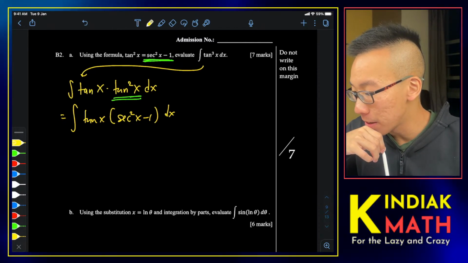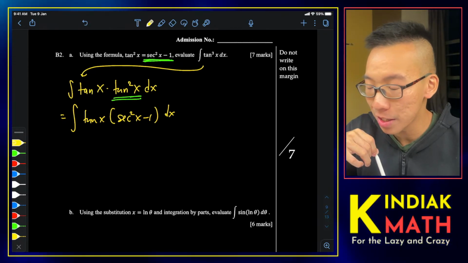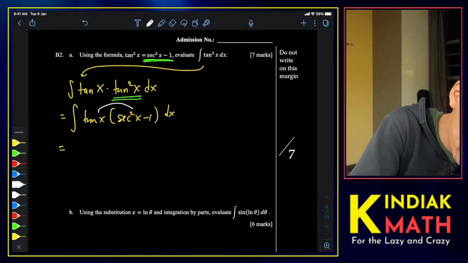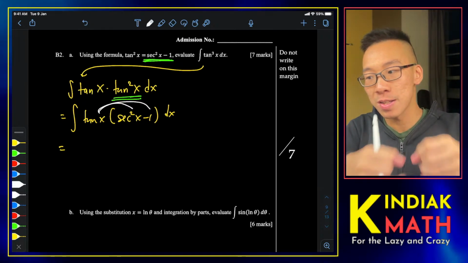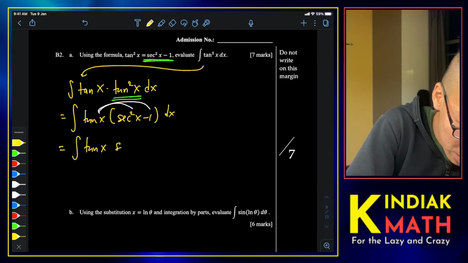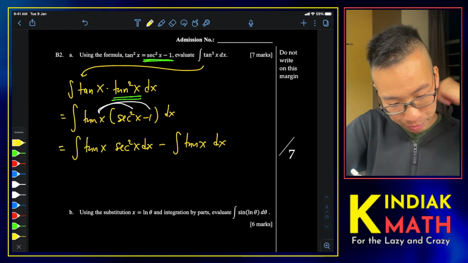I would say that the easiest approach is to just do a bit of splitting. So expand out this expression and then split the integrals. You're going to get the integral of tangent x secant squared x dx minus the integral of tangent x dx.